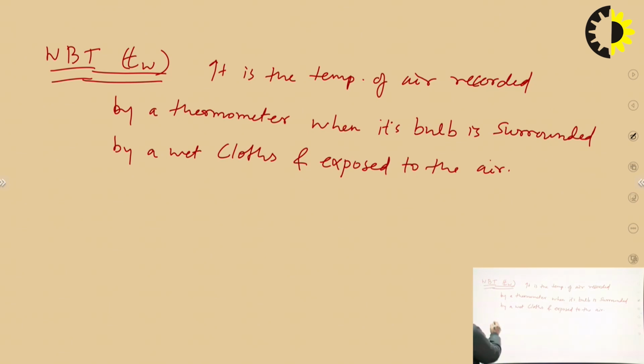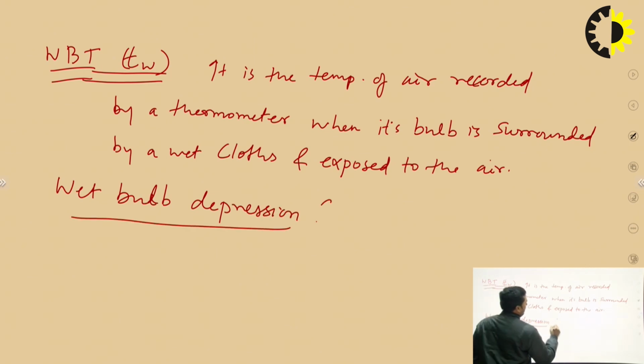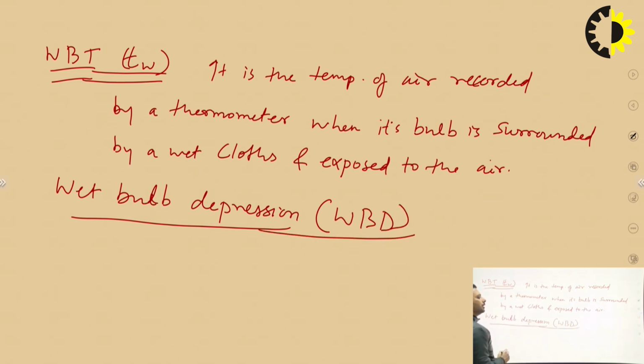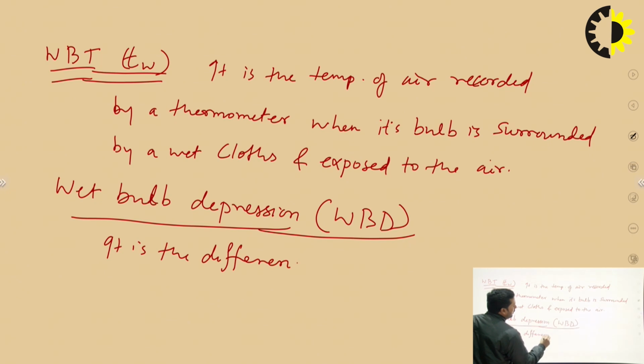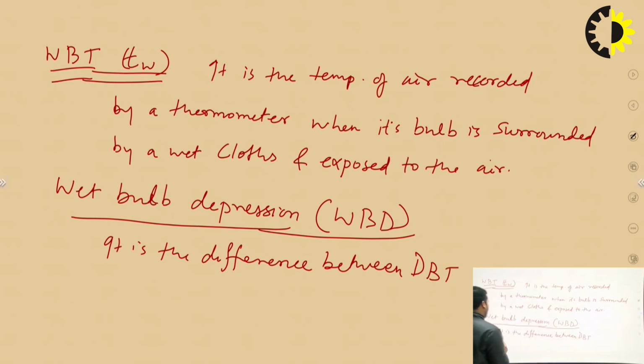And the next psychrometric term is wet bulb depression, in short written as WBD. It is the difference between dry bulb temperature and wet bulb temperature.